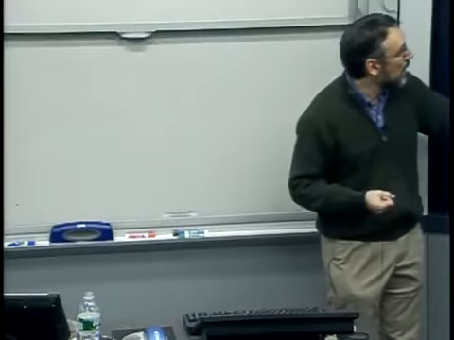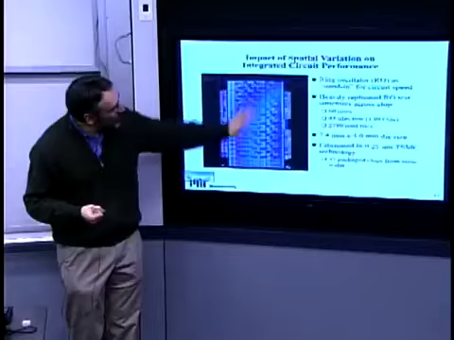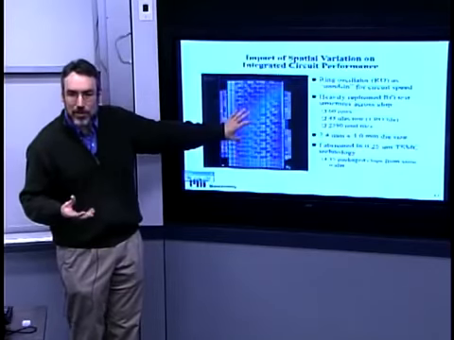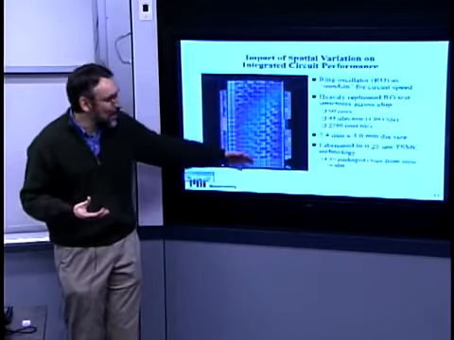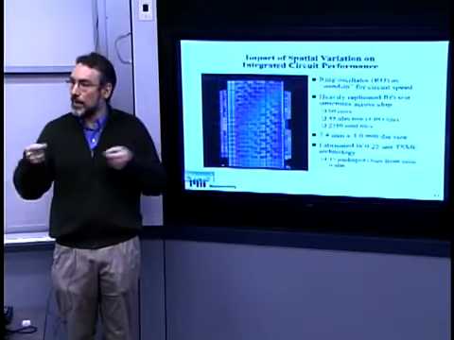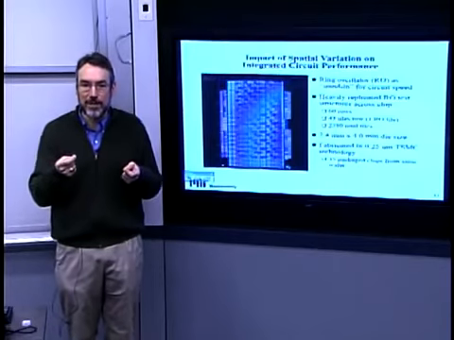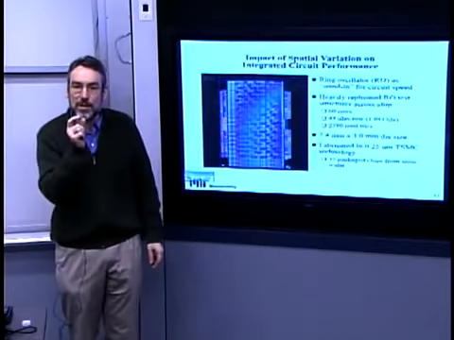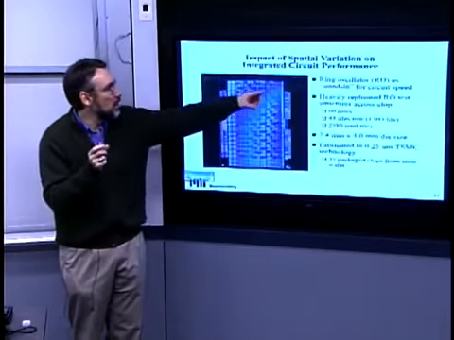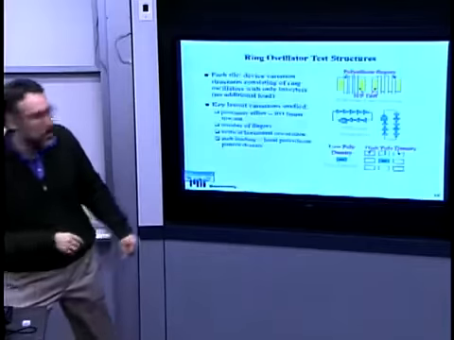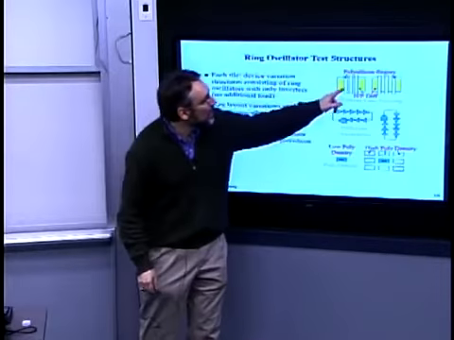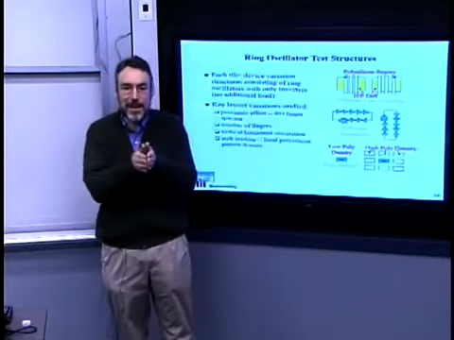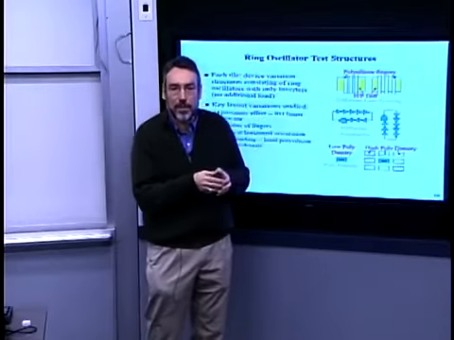What we did is built a tiled architecture where we've got thousands of these structures replicated spatially. So now we can measure multiple instances and see if there's a spatial pattern, as well as we can also play with some of the design parameters of each of those ring oscillators. And in particular, we can do things like take that polysilicon gate electrode and split it into 3 of them.